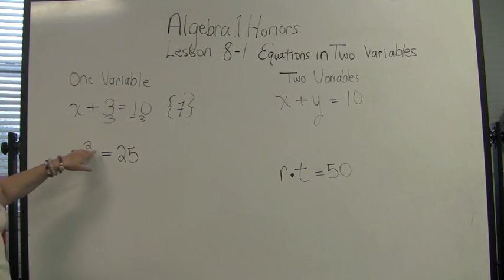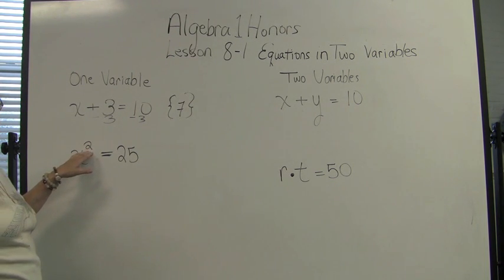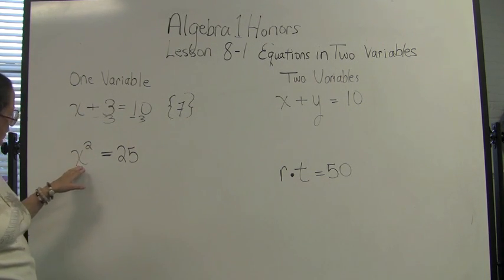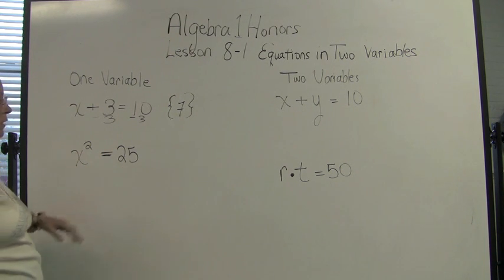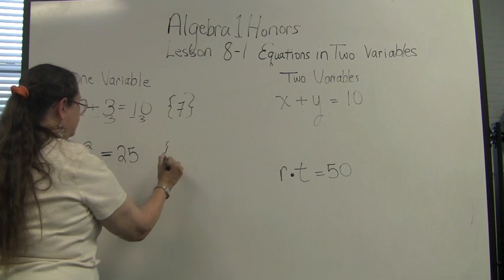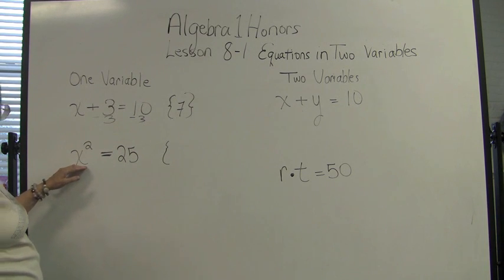On this one, although it's one variable, x, when we have a square, usually there are going to be two solutions. If we look at this one, we're saying, what number can we square to get 25? Well, if we take the square root of both sides, and remember that we need to do a positive and a negative number, we get 5.